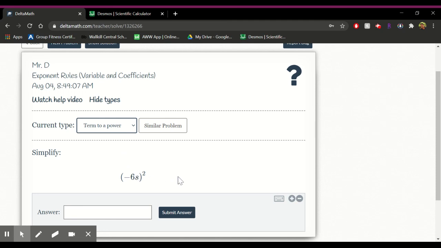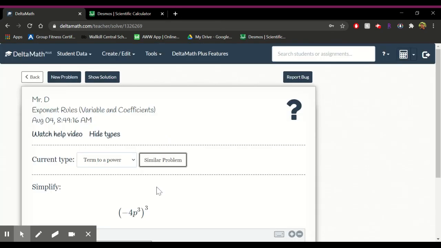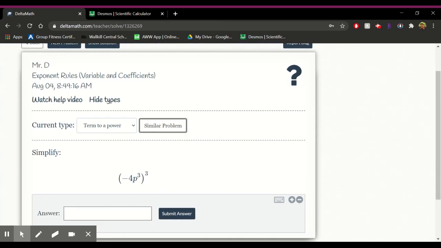Okay, if I had another one of these with more than just one, so you have negative 4p cubed, negative 4p cubed, negative 4p cubed, you're going to write it 3 times. So just expand it out and then use the multiplying rules that you did before. So that's it for today's lesson. Some of these you might have to show work on paper if you're expanding it out. So if you have questions, let me know. Thank you for watching.